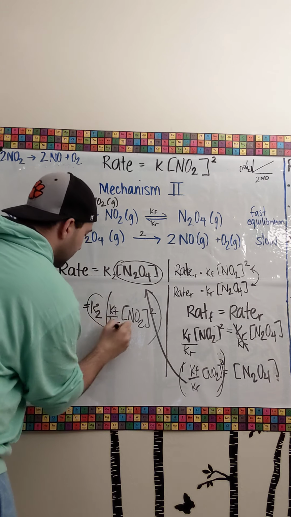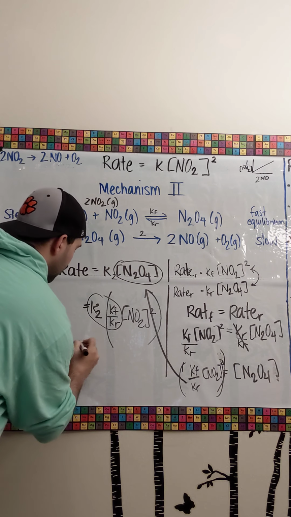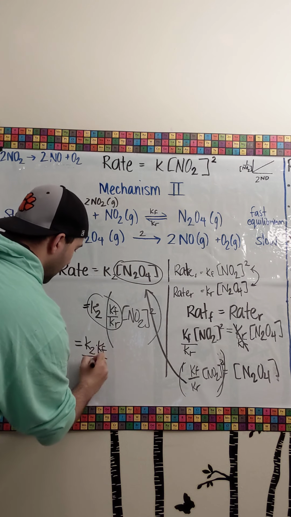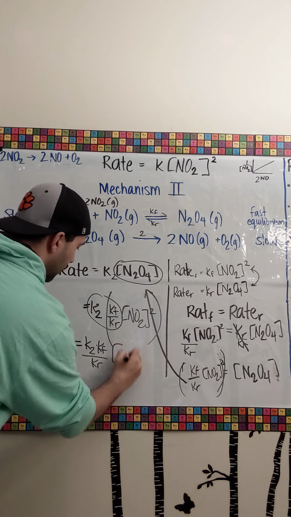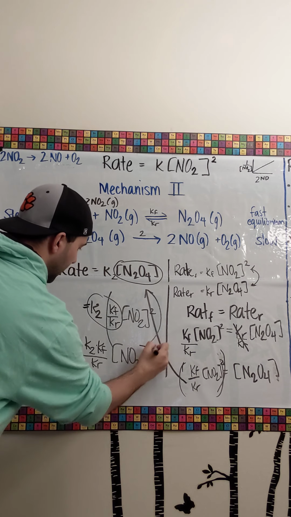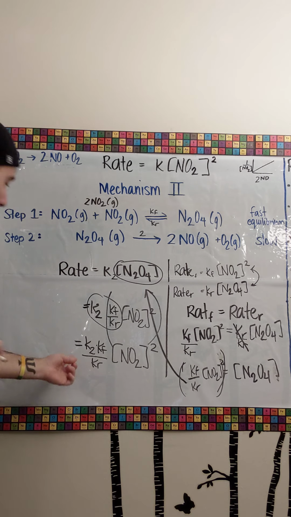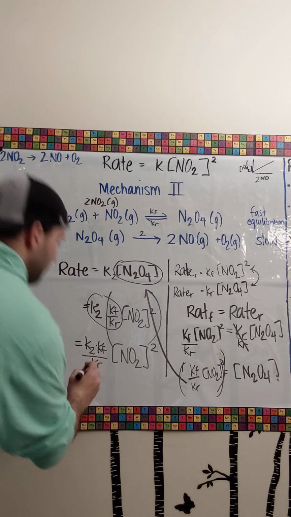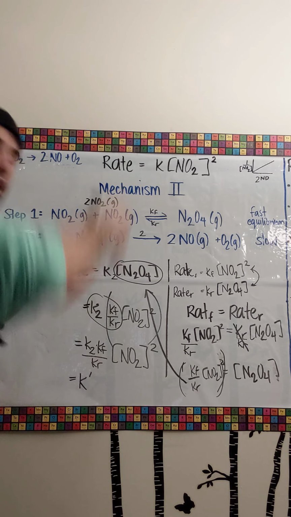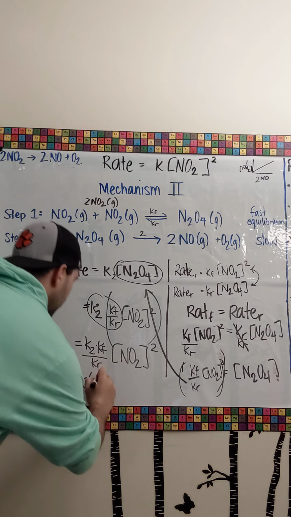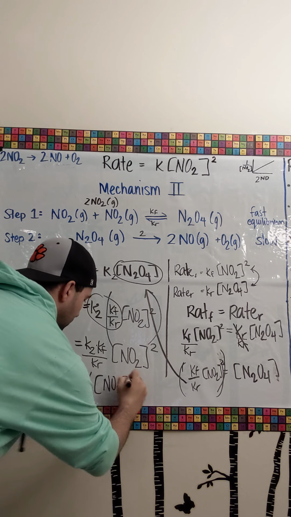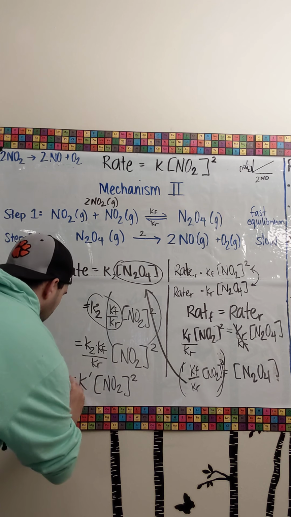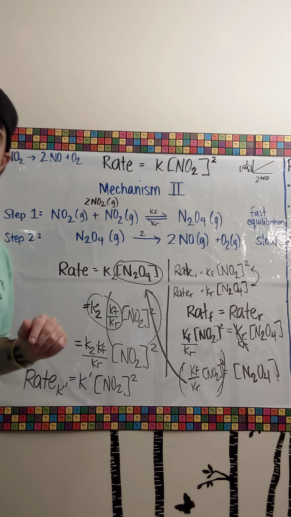All of these constants can just become one big thing. I'm going to do that in 2 steps. So technically I have K2 times Kf over Kr, concentration or brackets NO2 squared is beginning to be my rate law. All of these K's are just one big constant that get combined. So I could just call them K prime or something. I just call it K. It's a combined K, times NO2 squared. And that will be my rate law with respect to N2O4.